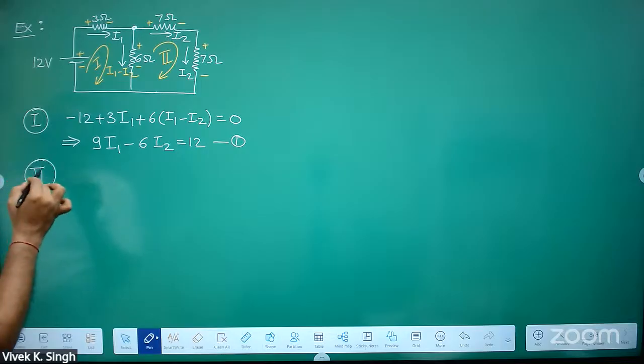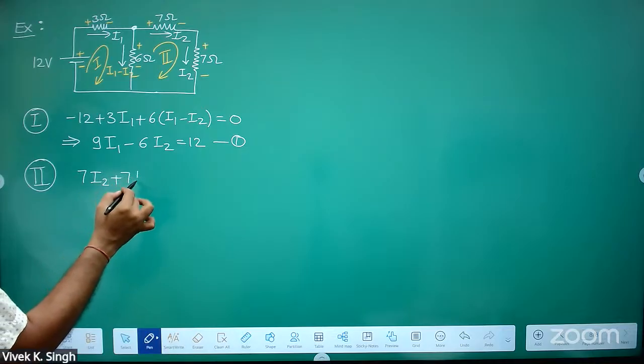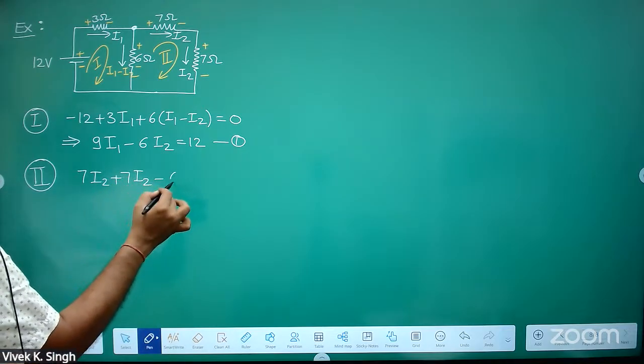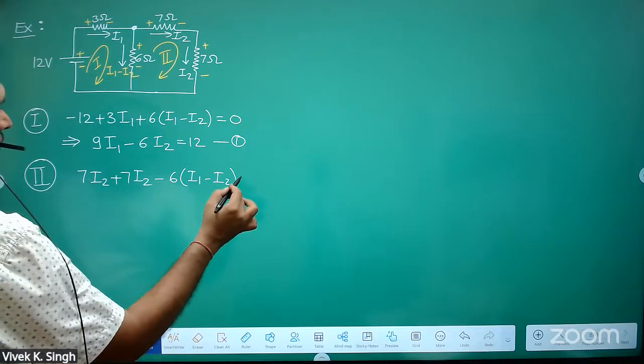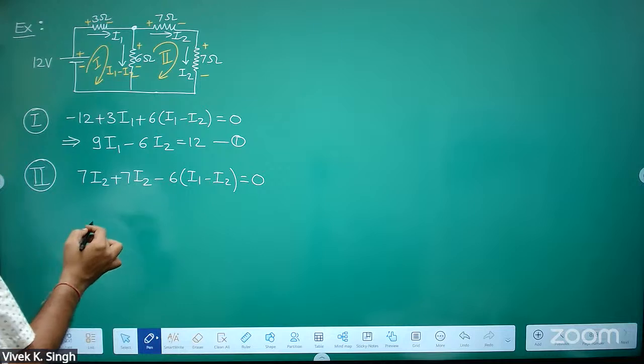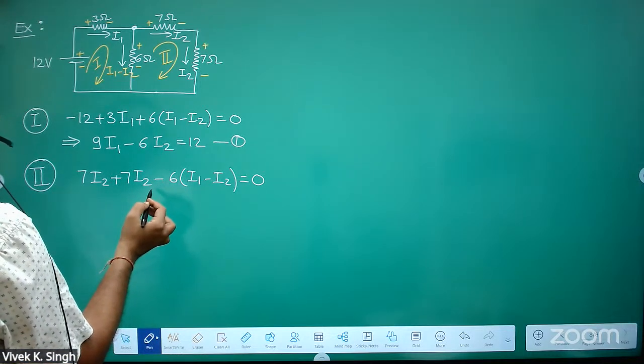Loop 2. 7 I2 plus 7 I2 minus 6 times I1 minus I2. This will be 0. So what will be this value?